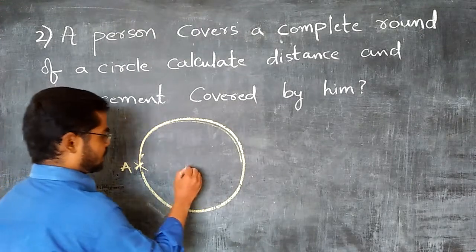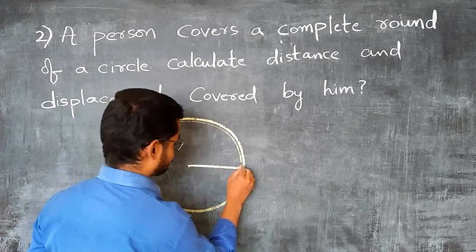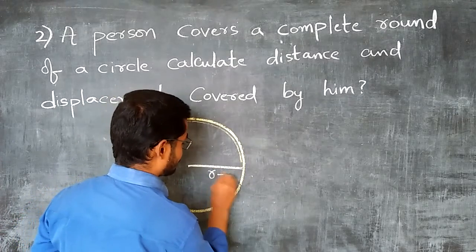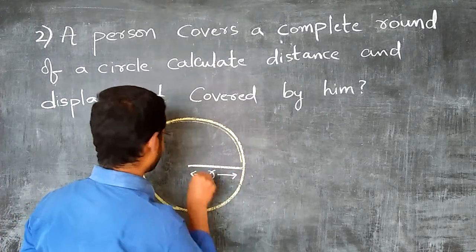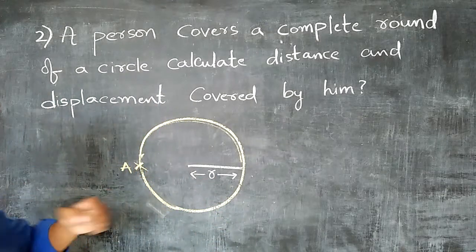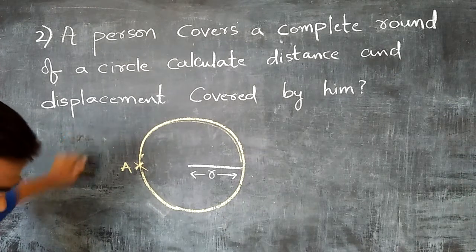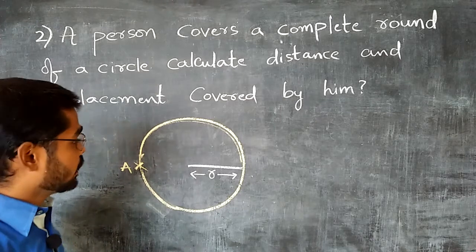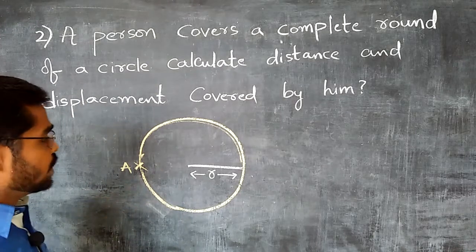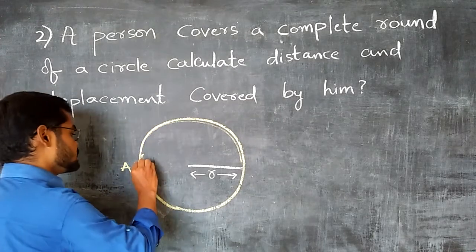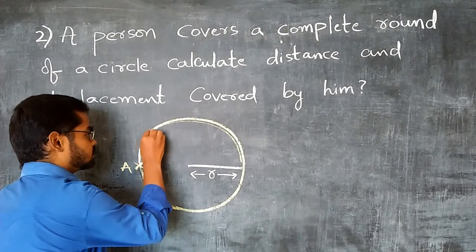Same, we take r as the radius of this circle. What is the distance covered by the man, and what is the displacement covered by the man? Solve it. Very simple. What is distance? Distance is this path length.